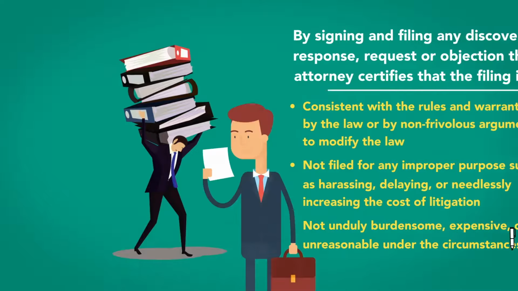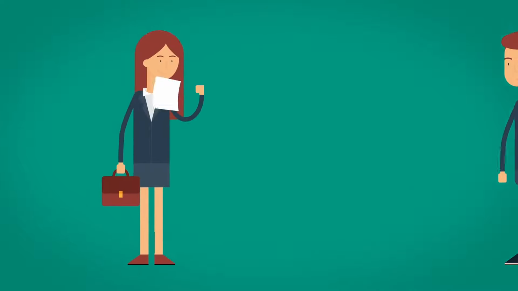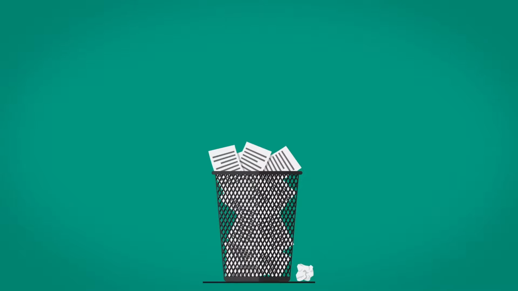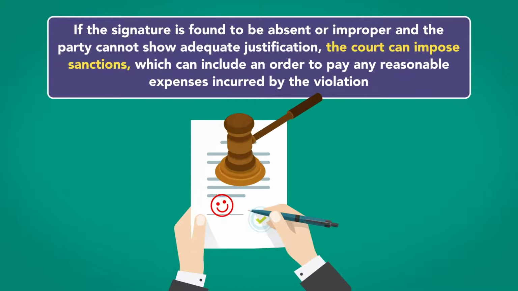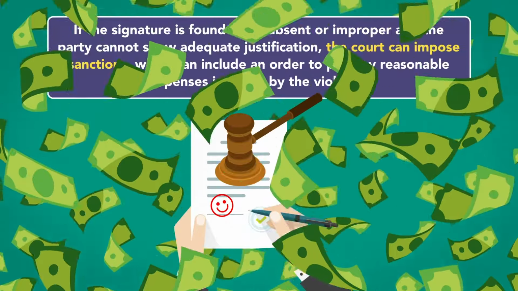If the attorney or unrepresented party fails to sign one of these documents, then the party who receives the document is under no obligation to act on it. Furthermore, if the signature is found to be absent or improper, and the party cannot show adequate justification, the court can impose sanctions, which can include an order to pay any reasonable expenses incurred by the violation.